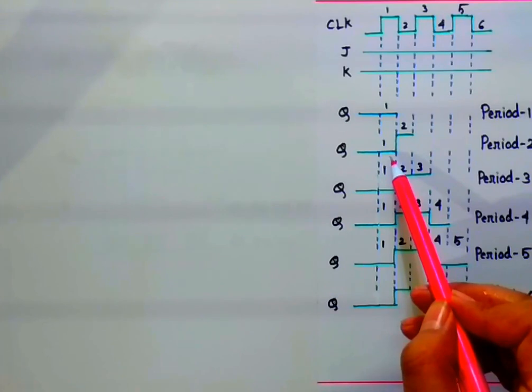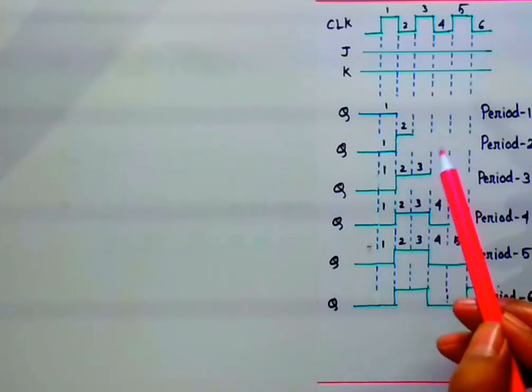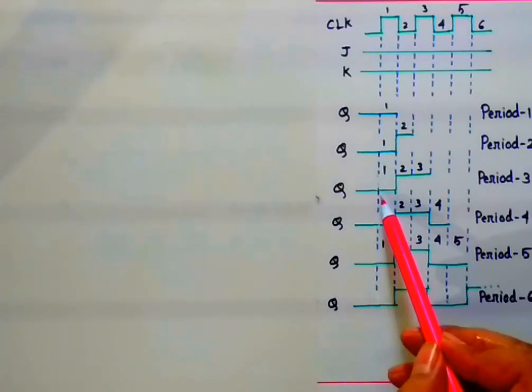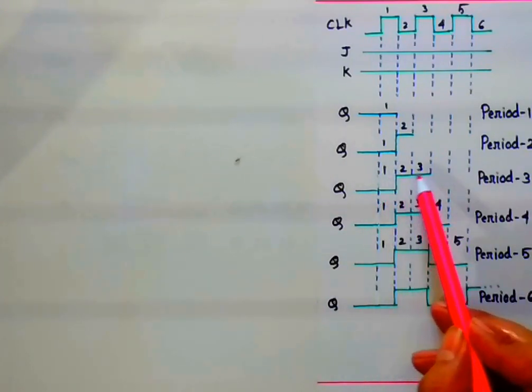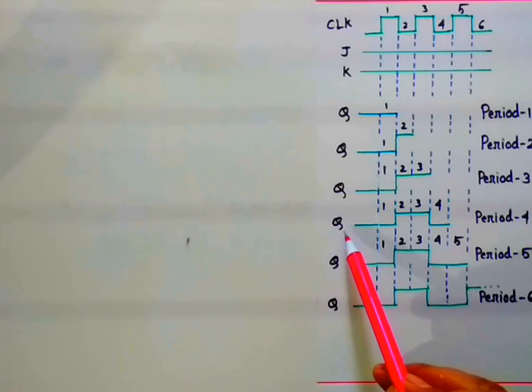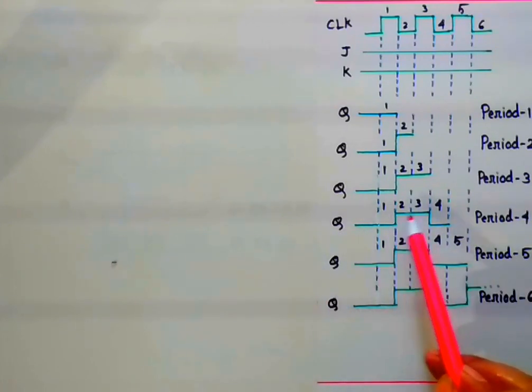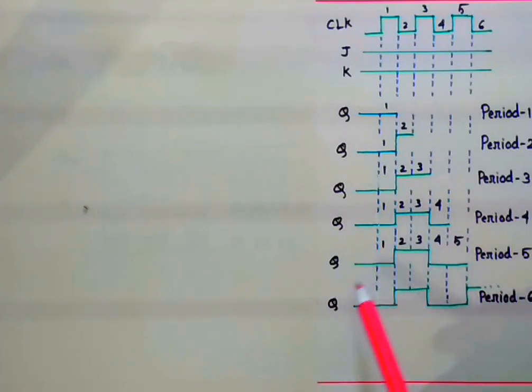That is the combined output Q for periods 1 and 2. That is output Q for periods 1, 2, 3. That is output Q for 1, 2, 3, 4. And that is output Q for 1, 2, 3, 4, 5. And that is output Q for periods 1, 2, 3, 4, 5, 6.